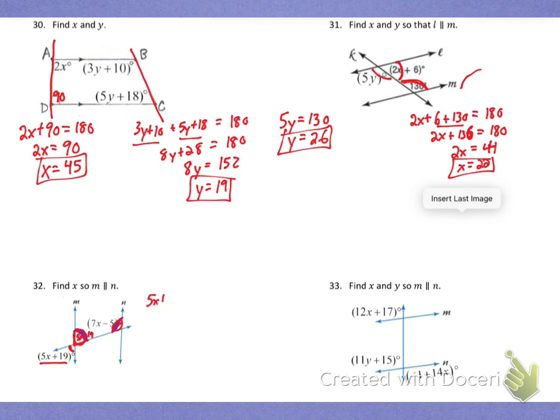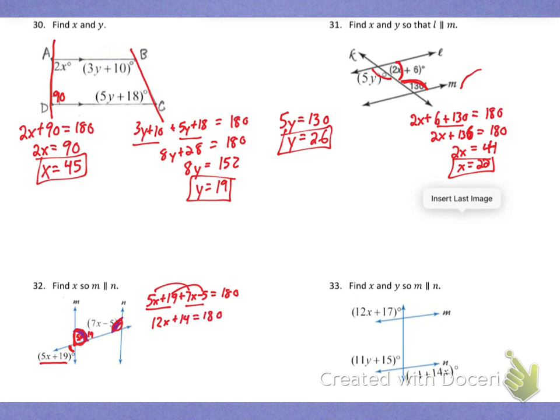So 5x plus 19 plus 7x minus 5 equals 180. That's one angle. That's the second angle. Combine my like terms. It's going to be 12x, and then I have 19 minus 5, which is going to be equal to 14. It's equal to 180.